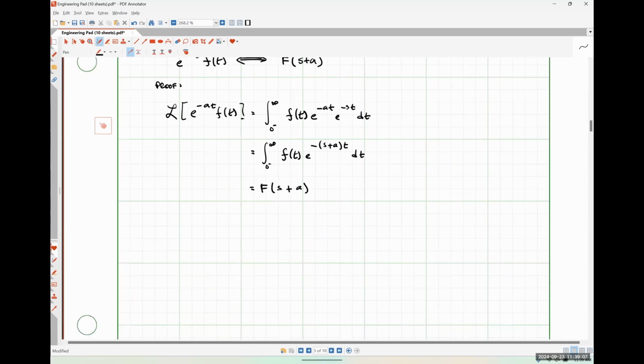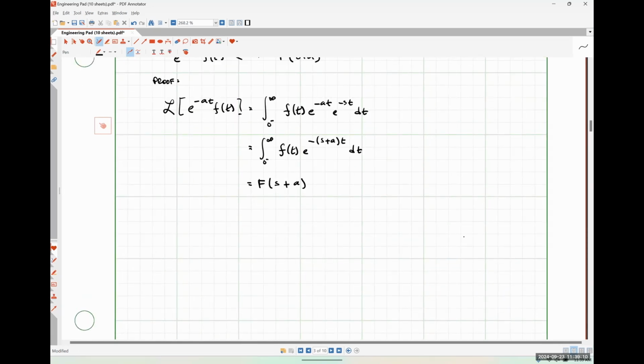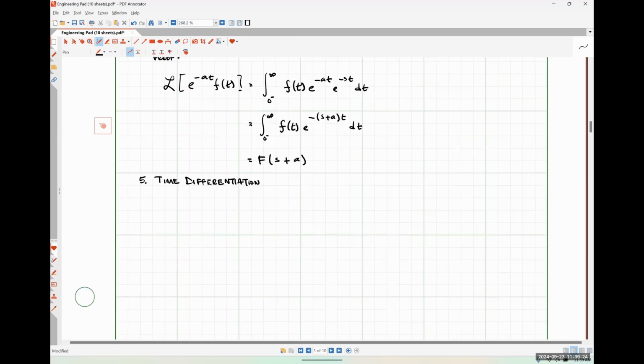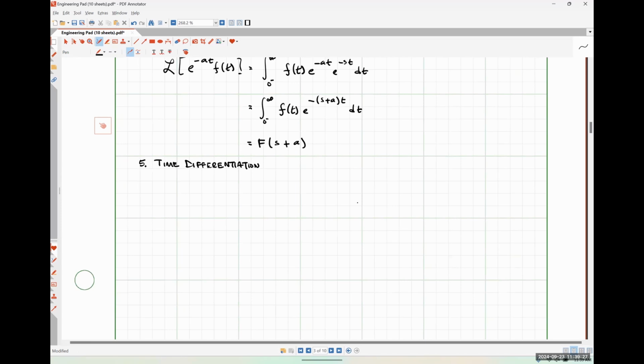Time differentiation. So this one can get a little wonky. The derivative with respect to time of some function f of t has a Laplace transform of s times F of s.